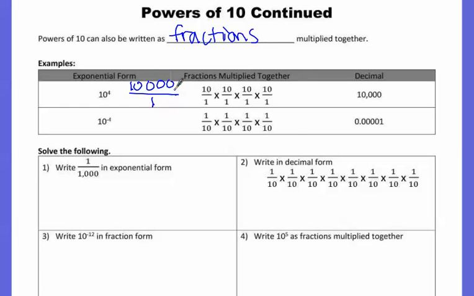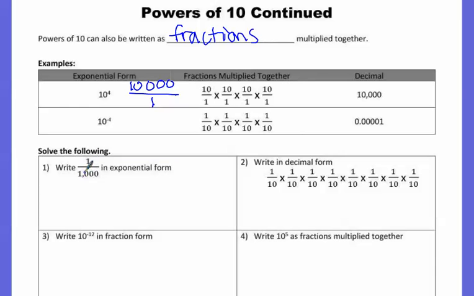Instead of saying 10,000 over 1, you will say 10 over 1 and multiply that 4 times. 10 over 1 times 10 over 1 times 10 over 1 times 10 over 1. Very similar with a negative exponent, except it'll be 1 over 10.